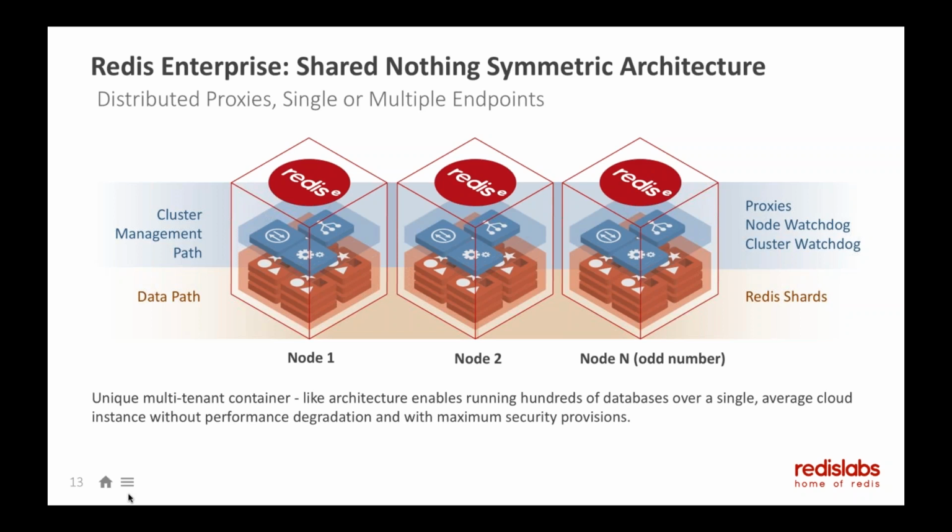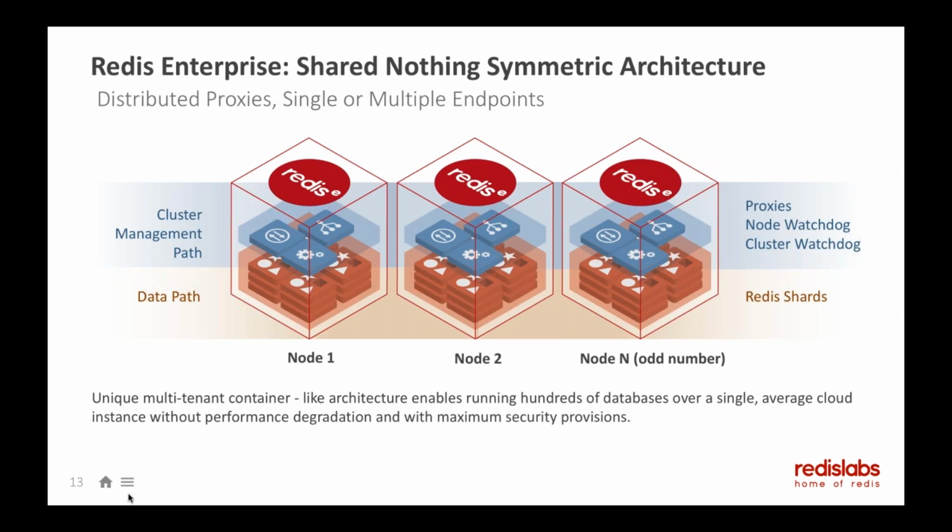This management path allows you to do proxies, it allows you to do cluster management, and essentially provides you with a very low-level proxy capability. And this, in turn, leads to the ability for Redis Enterprise to provide multi-tenancy in the cluster itself.